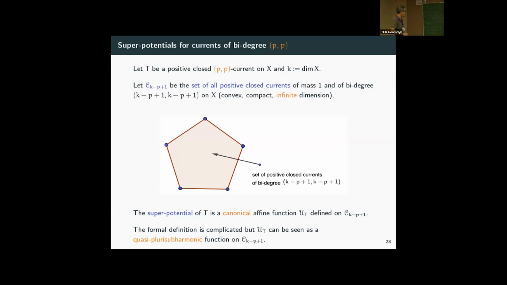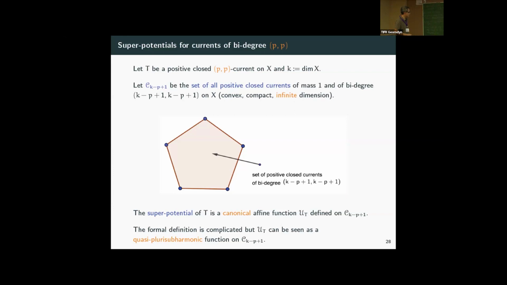I'm not going to give you the formal definition, but basically we consider some space of currents, which looks like a compact complex manifold in infinite dimension. And then you have a function associated to the current.